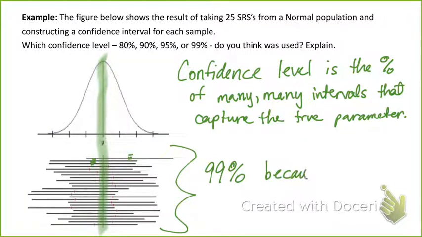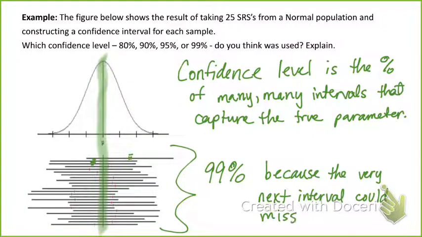Because the very next interval could miss the truth. This is just a snapshot of 25 of the many intervals that we would do.